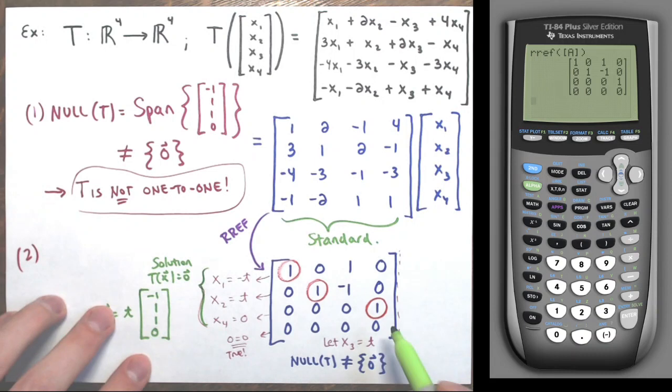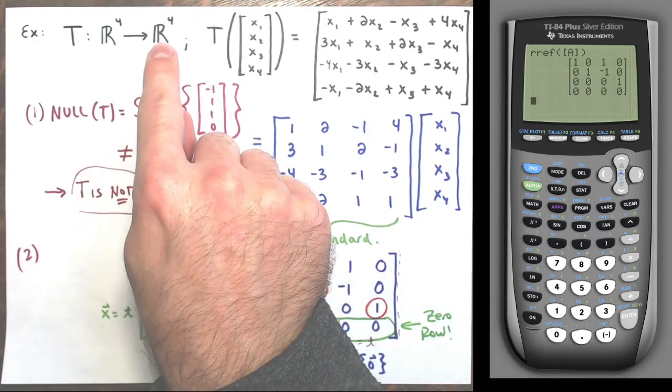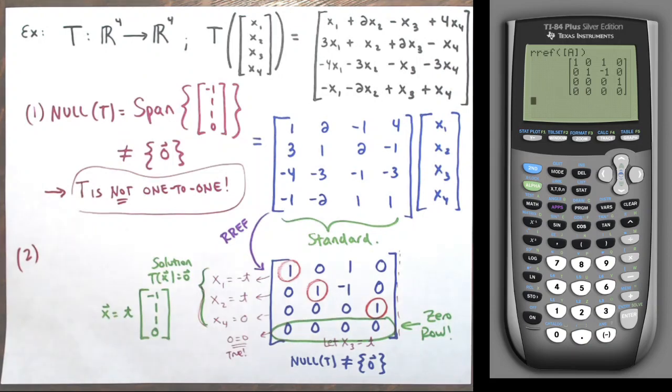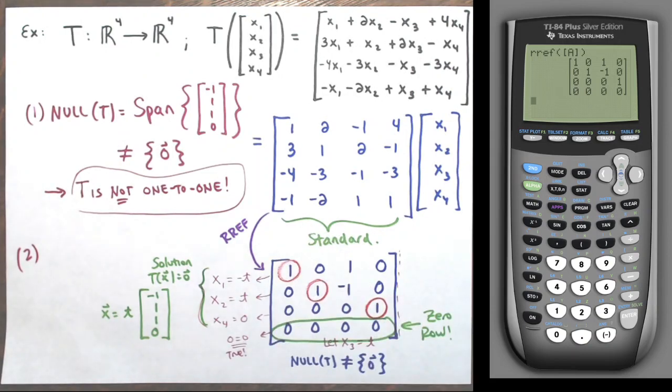Again, looking at the rows now, I'm seeing there's a 0 row in my reduced echelon form here. And that tells me that the range of this transformation is not going to be R4. But again, you can use the pivot columns to help you easily state the range.